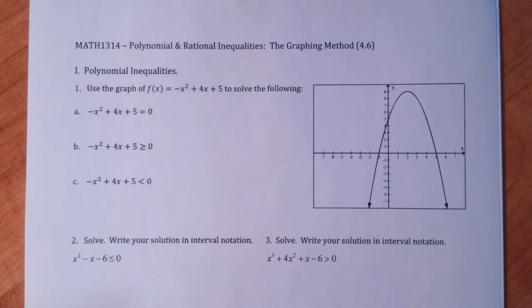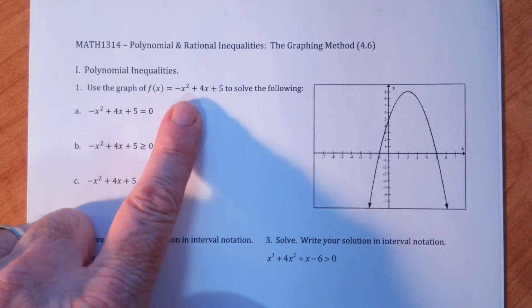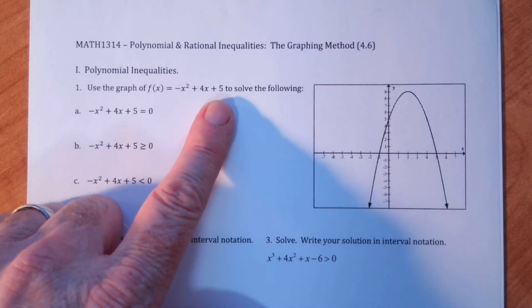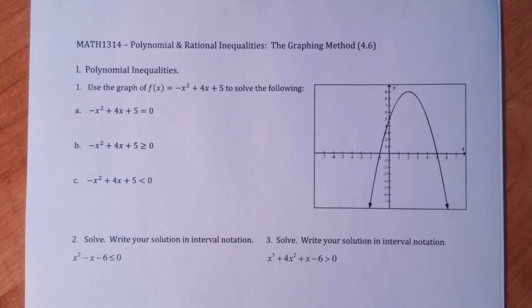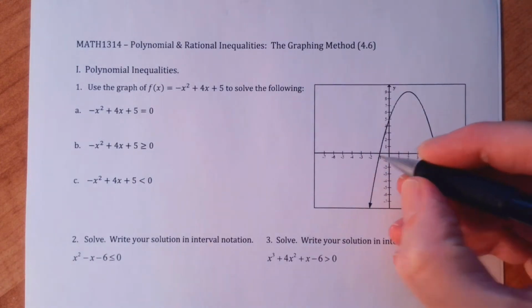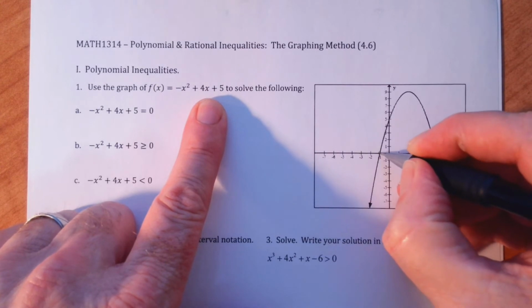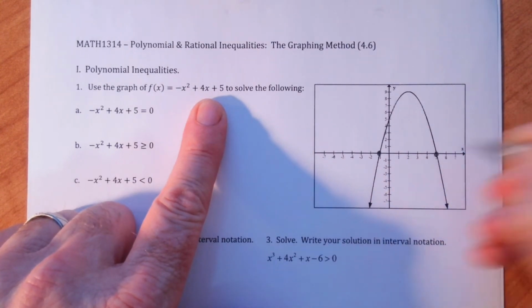So it says here, use the graph of f of x equals minus x squared plus 4x plus 5 to solve the following. Well, first of all, this is where minus x squared plus 4x plus 5 is equal to 0. It's at this point here and this point here.